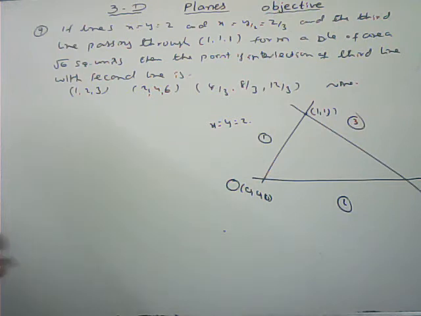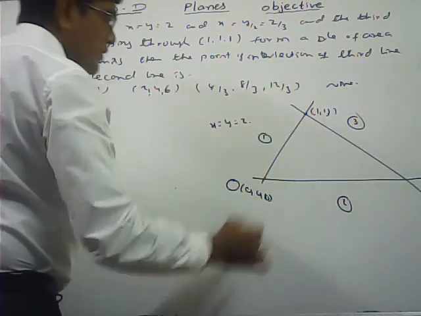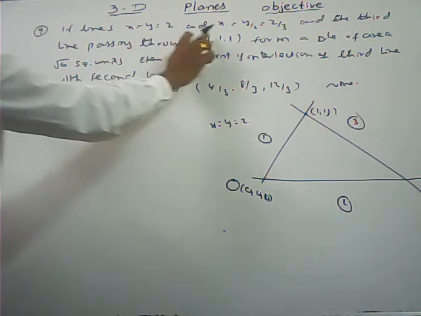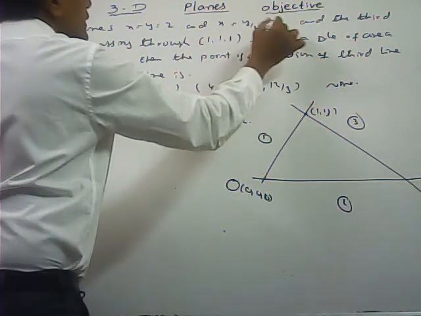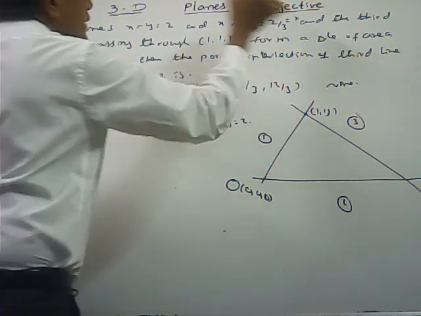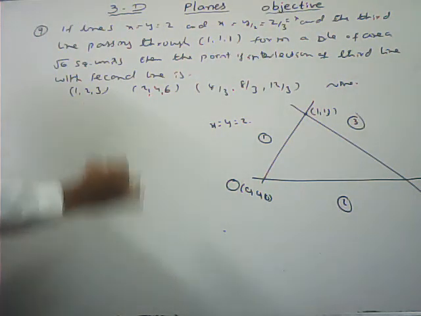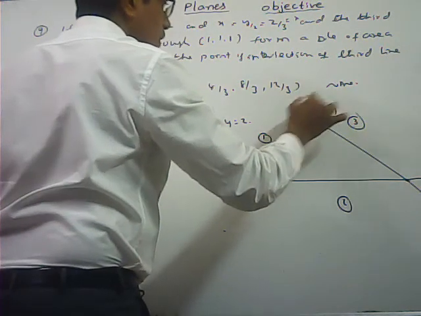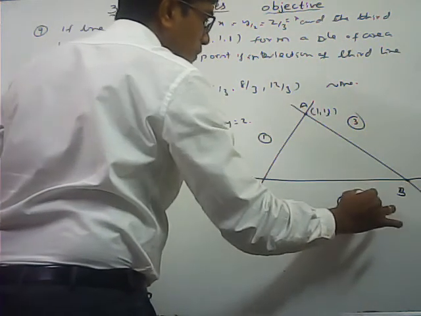Now this is the point of intersection. Now the second line, what they gave: x equals y by 2 equals z by 3. Any point on that line, if I take lambda, lambda, 2 lambda, 3 lambda. This one I am taking as A, this I am taking as B.